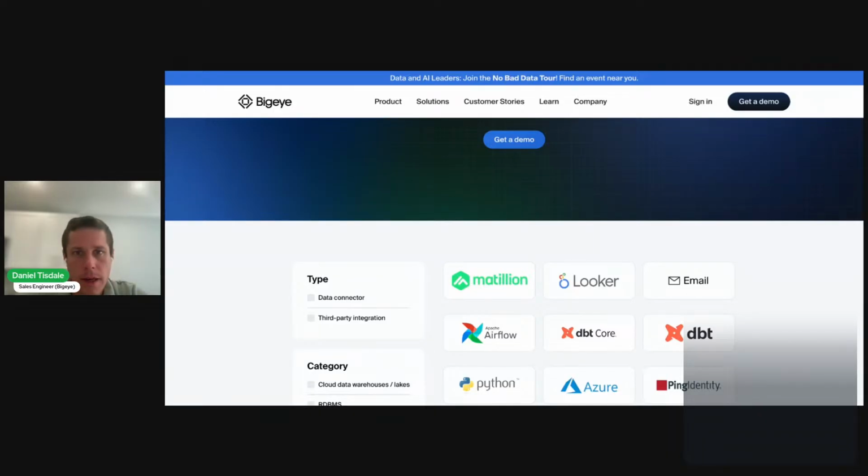So typically within a day or few days, assuming you have access to all of the credentials for the various systems. Bigeye is a very, very scalable and easy to deploy solution. It's a hybrid SaaS solution, so the actual Bigeye UI is hosted in our environment, and then there would be an agent that's deployed inside of your VPC.